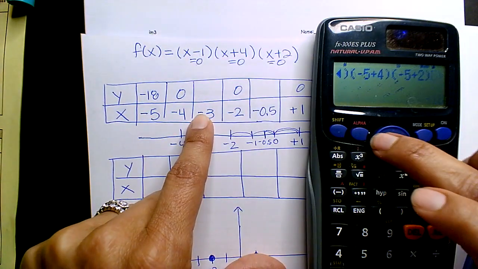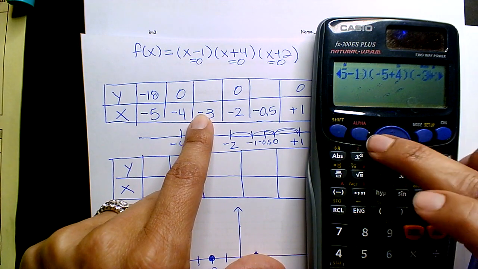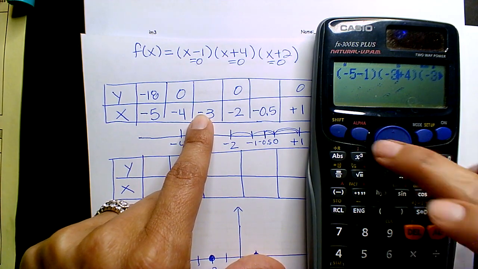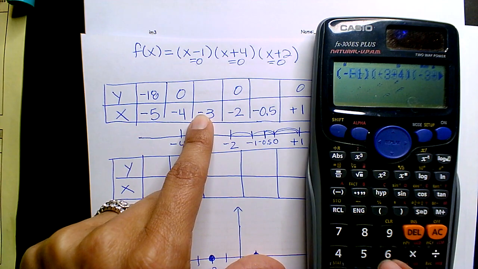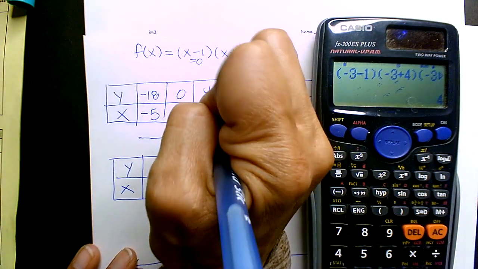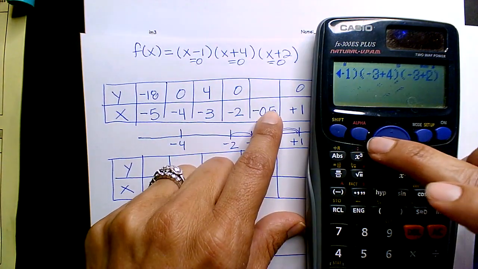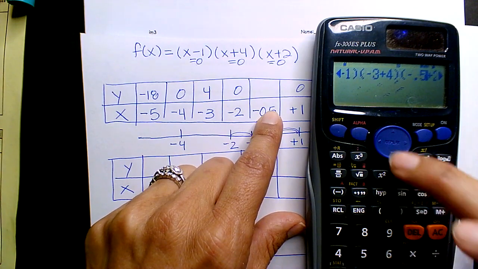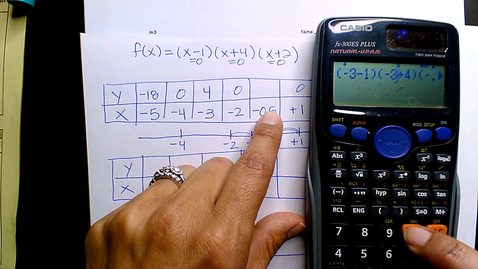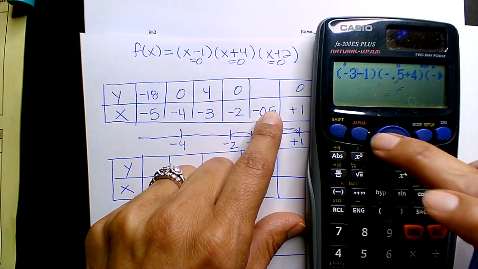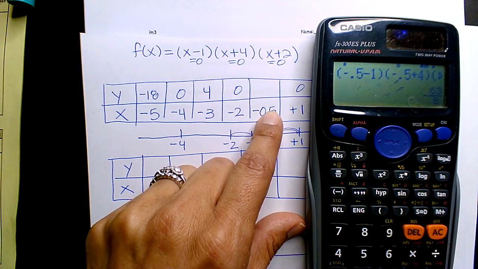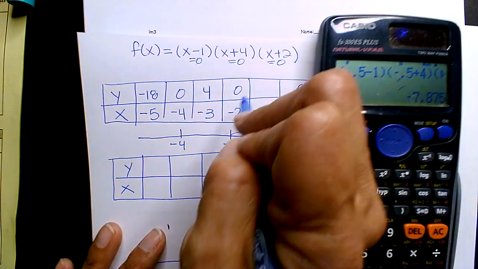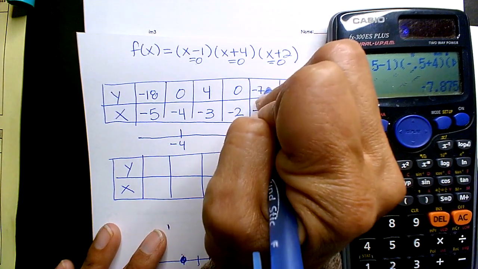Okay, so now I'm going to plug in the -3. And I get 4. And then I'm going to plug in the -0.5. And I get -7.9.